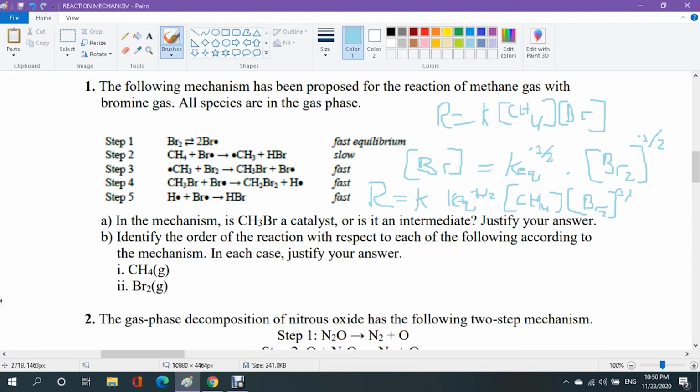So what I just did here, I basically substituted this whole expression instead of the concentration of Br because they're equal.